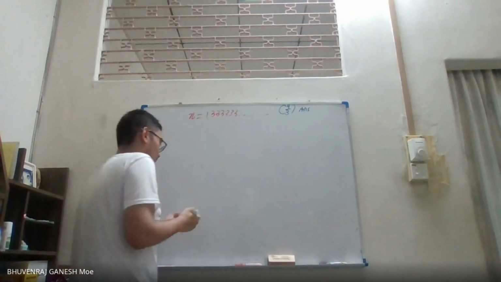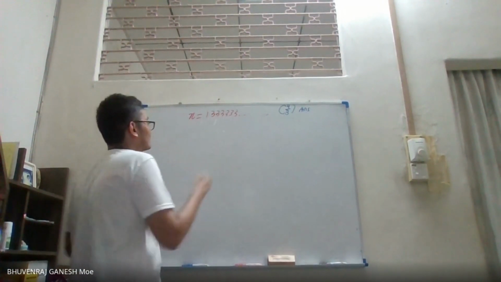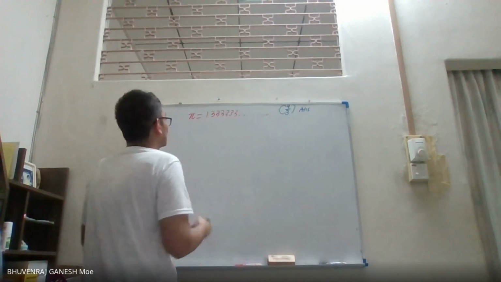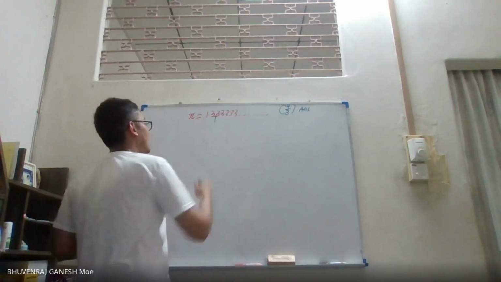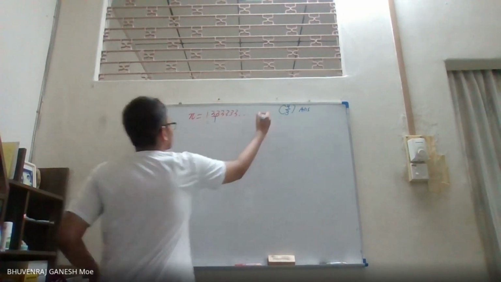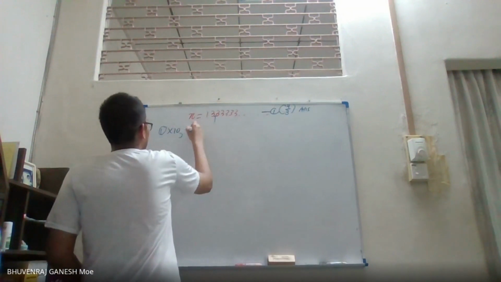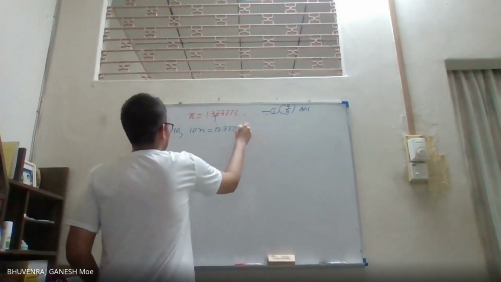So how we go about this is we find where it is recurring actually. So it recurs something like around here at this point over here. So what we can do is we can times this whole thing by 10. So let's say I call this equation 1. So I take 1 times 10, you will get 10x is 13.3333.